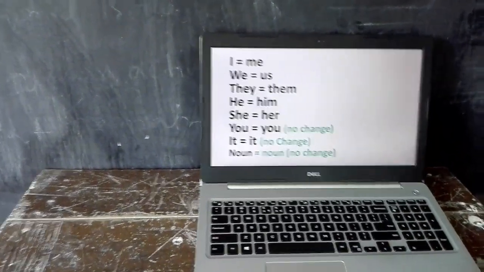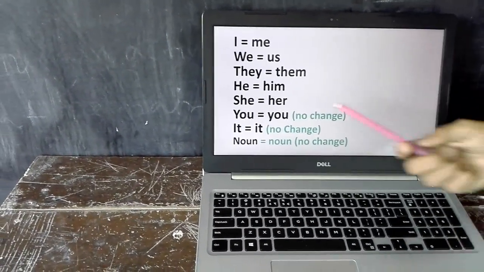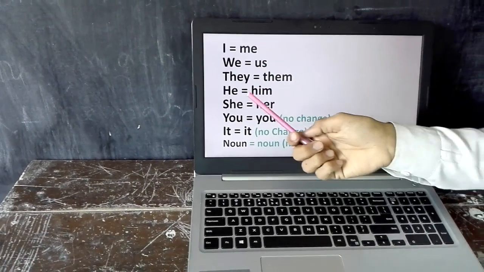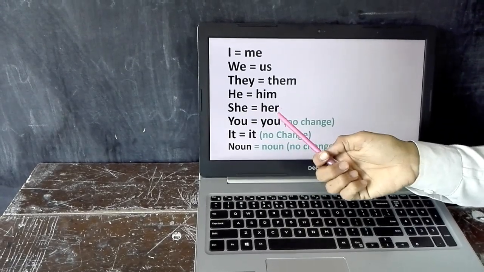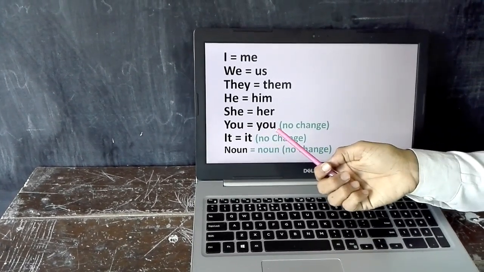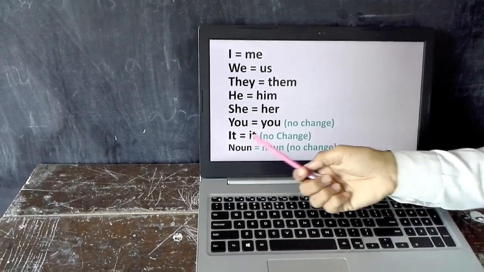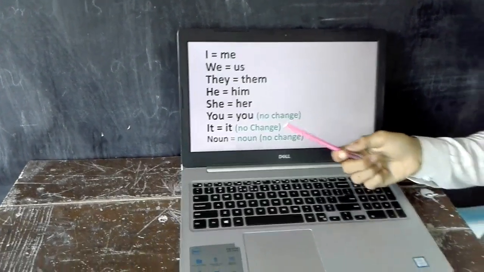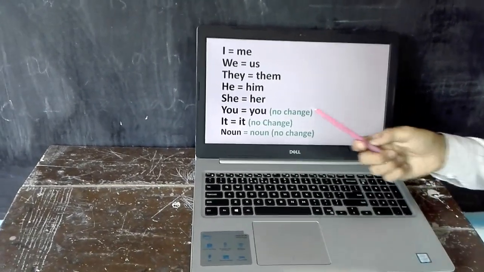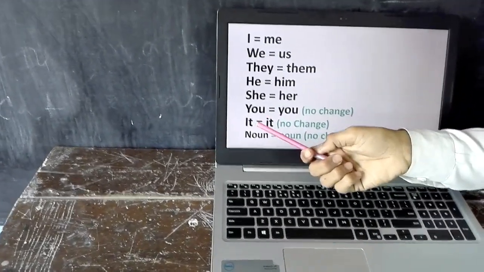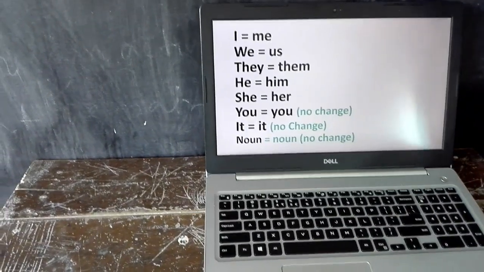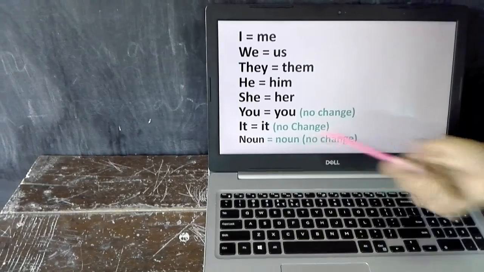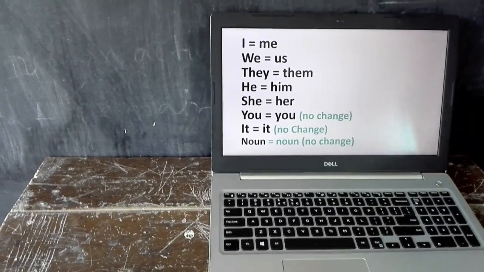And change of pronoun: I, me; we, us; they, them; he, him; she, her; you, that means no change. It, no change. That means among the pronouns, you and it will remain unchanged, and noun always remains unchanged.